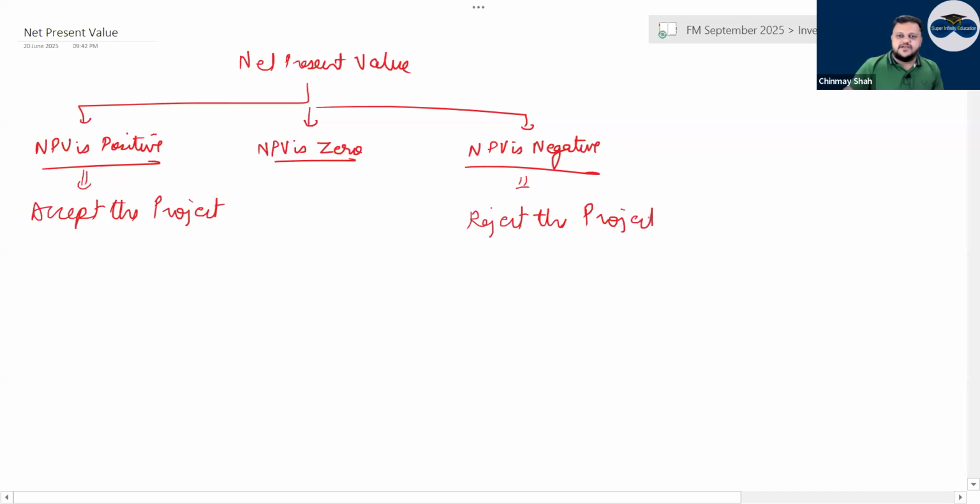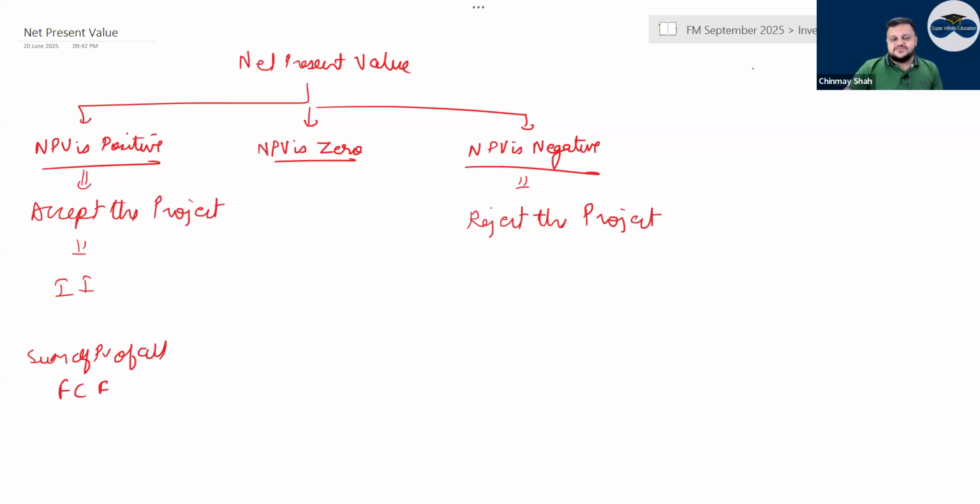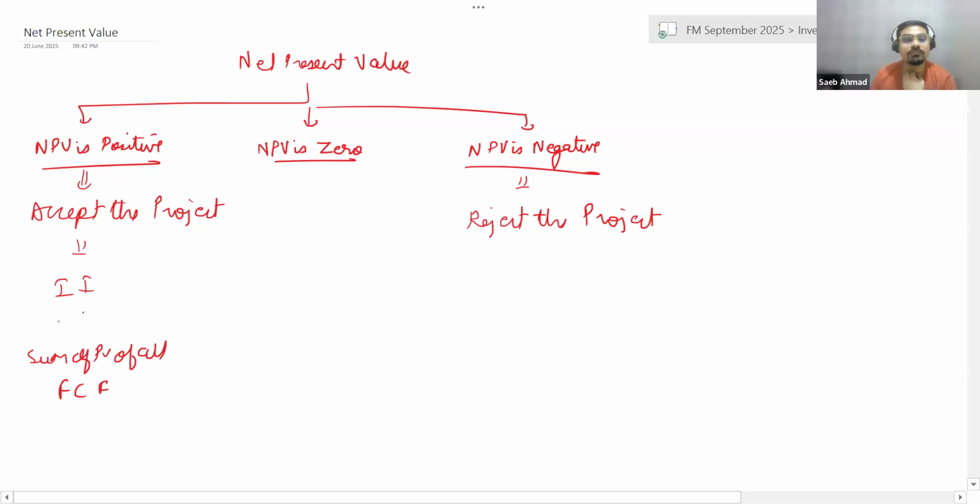Now mathematically, can I say that, have a look, initial investment and sum of present value of all future cash flows. How do we go around with this? Initial investment is greater than or less than the sum of present value of all future cash flows? Less than.